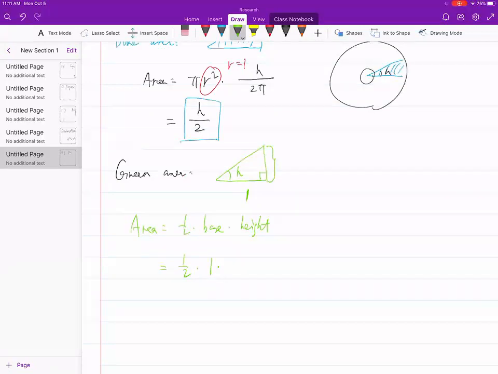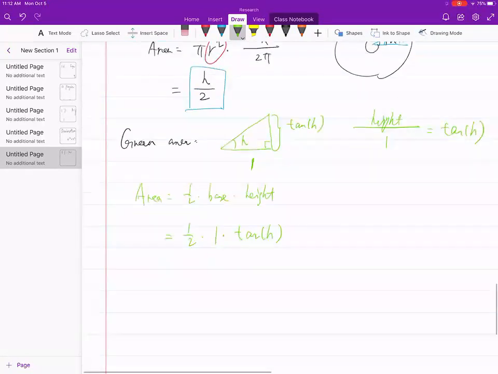Okay, it's pretty easy to do if you just do simple trig. That is the height over 1, which is going to be tangent h, according to trigonometry. Simplify, we have 1/2 tangent h.